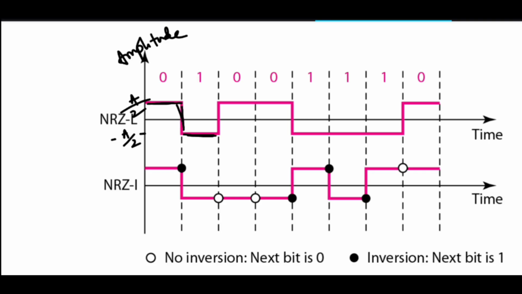Then again 0 means positive A by 2, again 0 positive A by 2. Now connect. Then after that 1 is negative A by 2, and again 1 negative A by 2, and again 1 negative A by 2. Then connect this. Then 0 means positive A by 2.